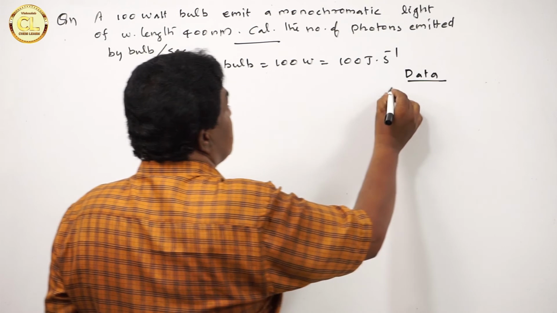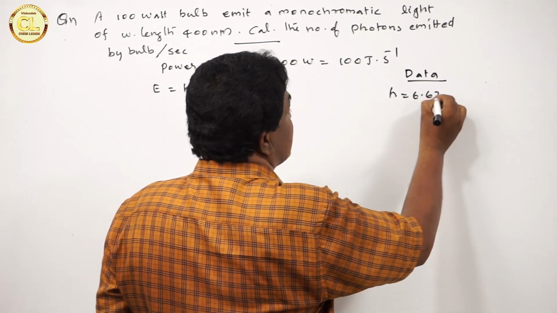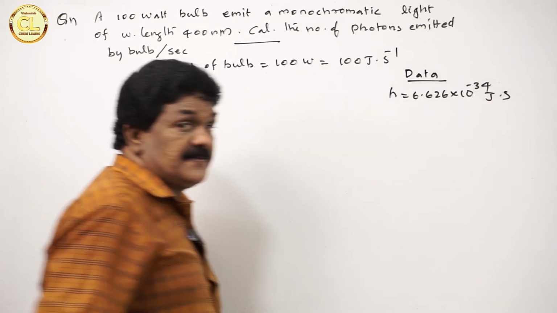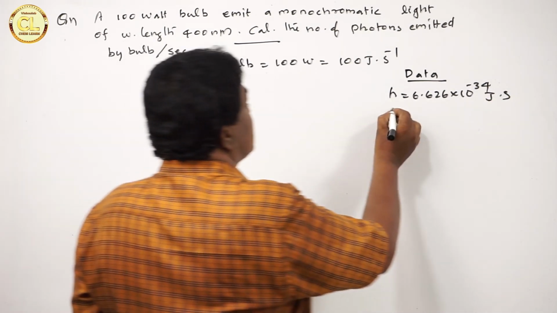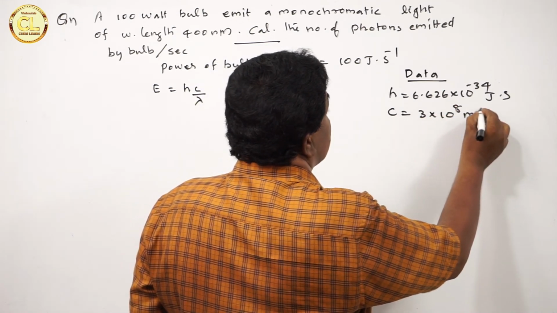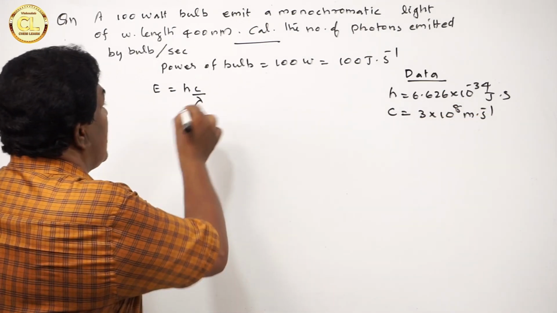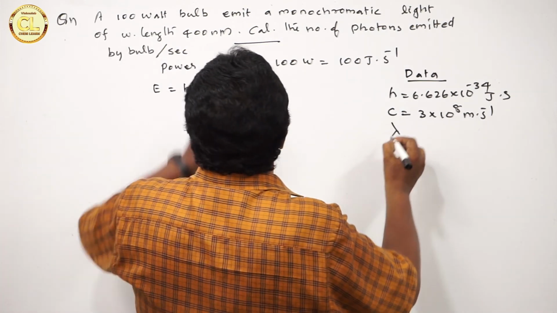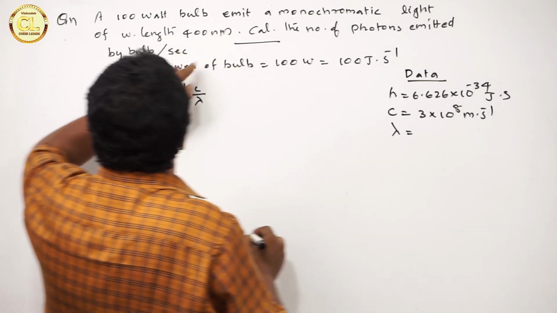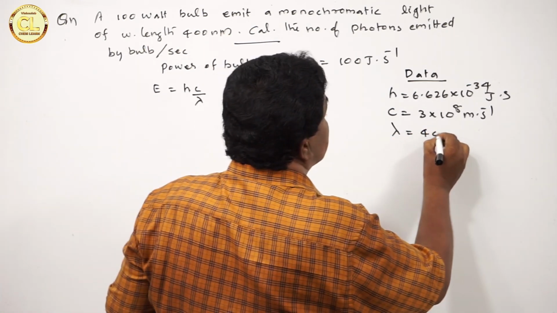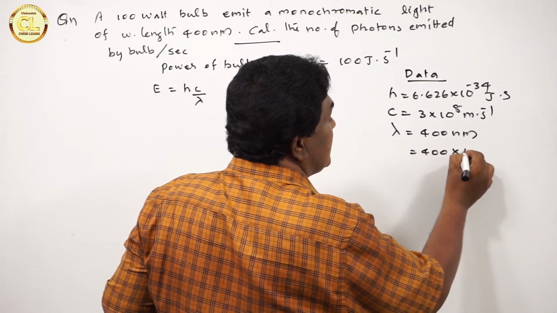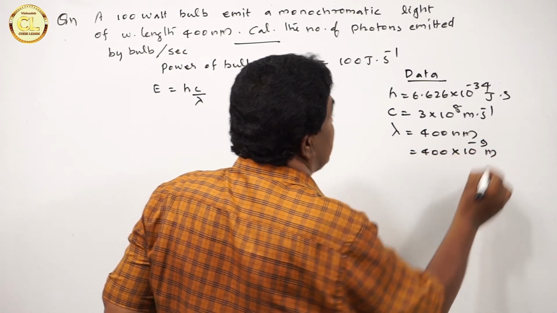h, Planck's constant, is 6.626 into 10 raised to minus 34 joule second. c is the velocity of light, 3 into 10 raised to 8 meter per second. Now lambda is the wavelength of the monochromatic light emitted by the bulb, that is 400 nanometer, that is 400 into 10 raised to minus 9 meter.